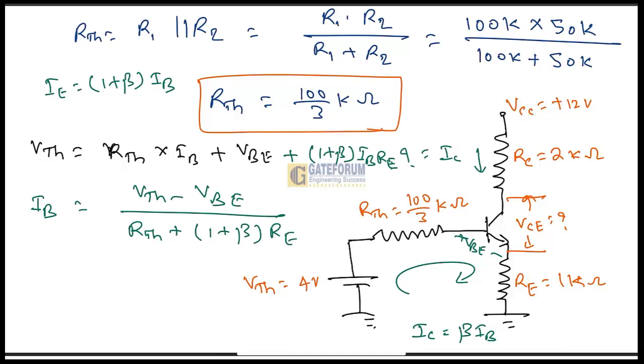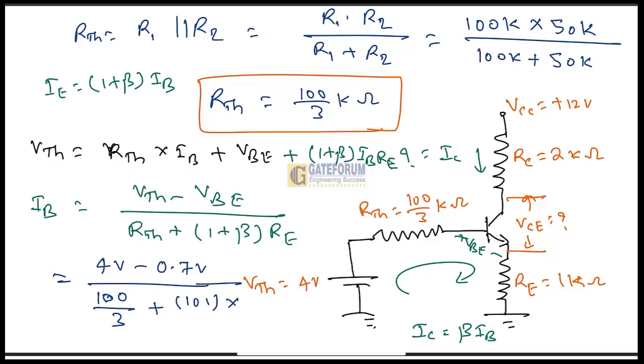So now we need to substitute these values here. VTH is how much? It is 4 volt. VBE is already given in the question as 0.7 volt. This RTH we got here as 100 by 3, plus beta value is given as 100, so this will become 101 into RE, which is 1 kilo ohm.